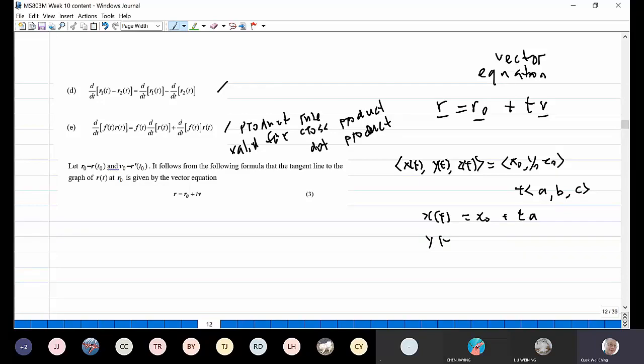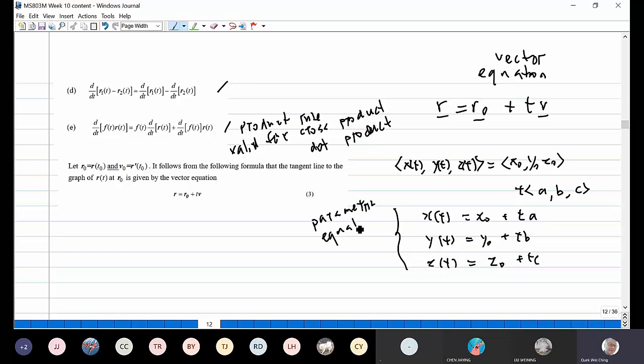Then y is equal to y0 plus tb, and z is z0 plus tc.